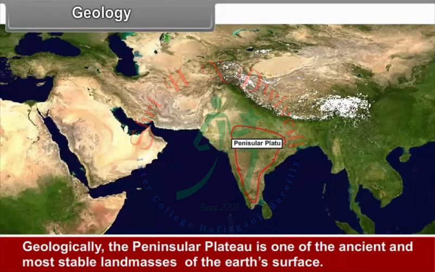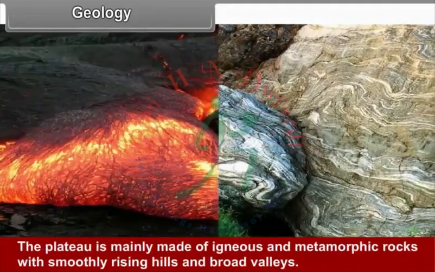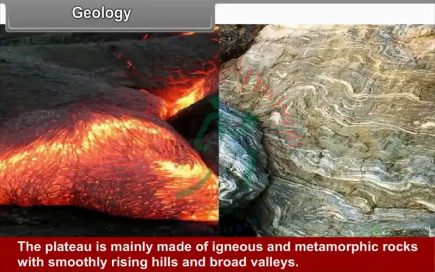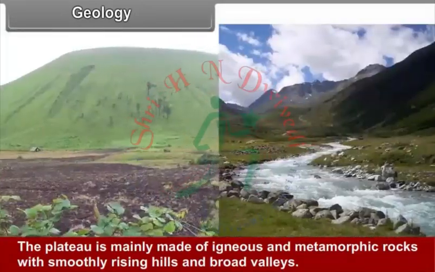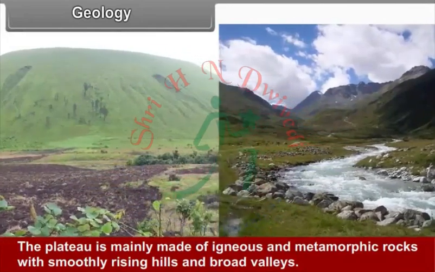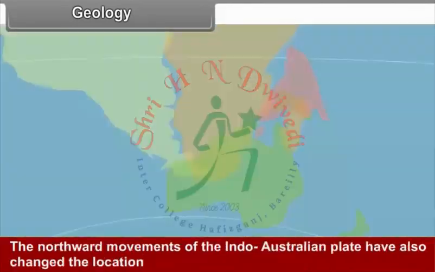Geologically, the peninsular plateau is one of the ancient and most stable landmasses of the Earth's surface. The plateau is mainly made of igneous and metamorphic rocks with smoothly rising hills and broad valleys.